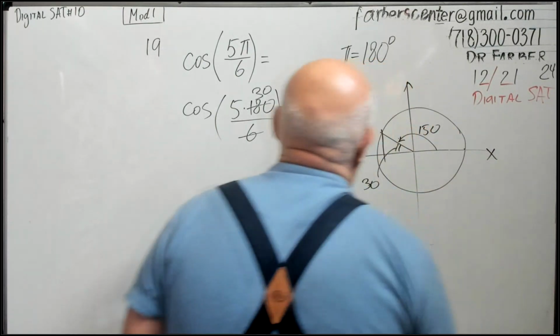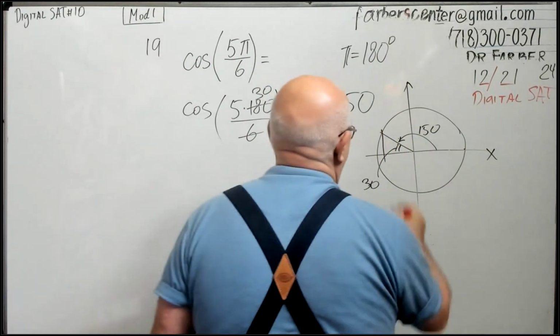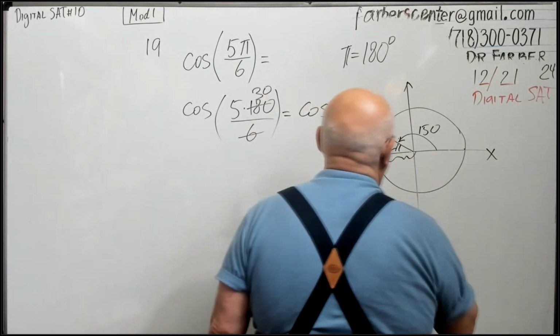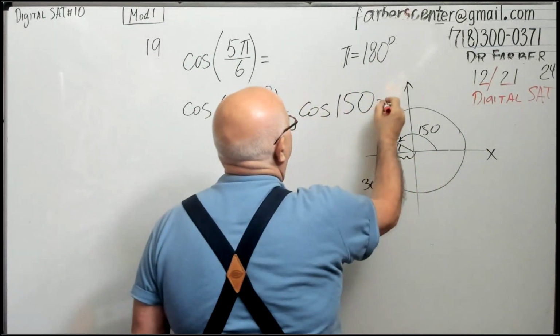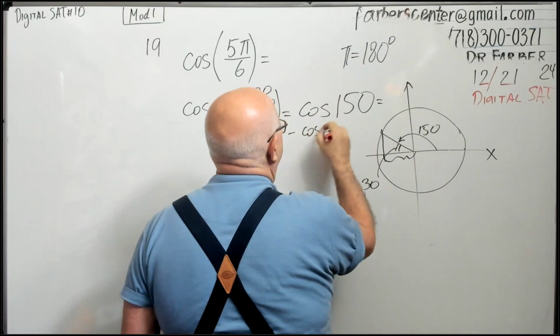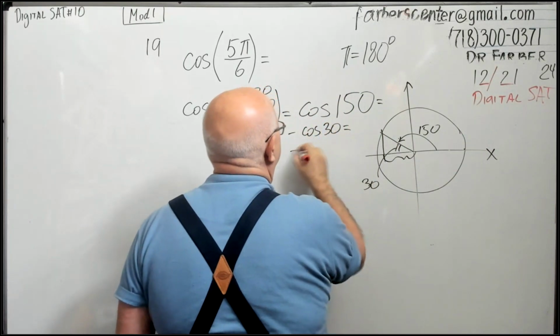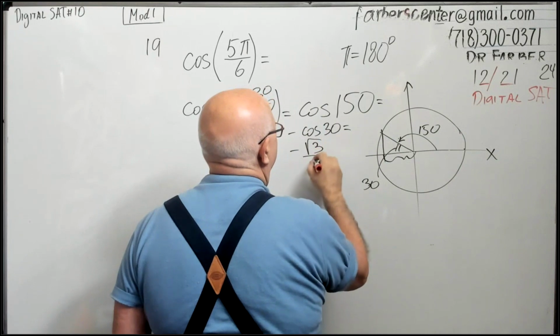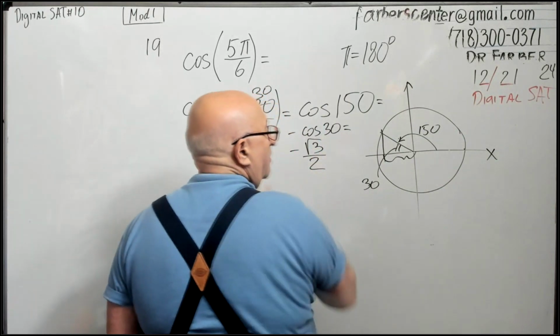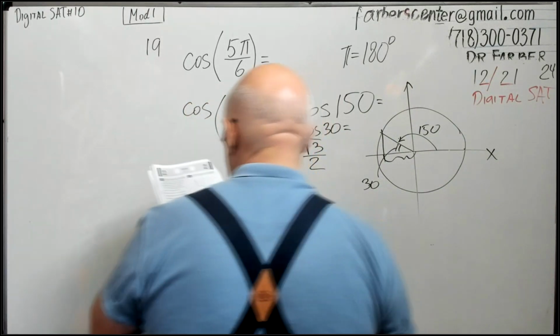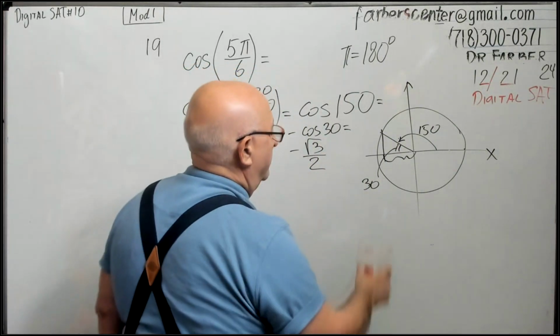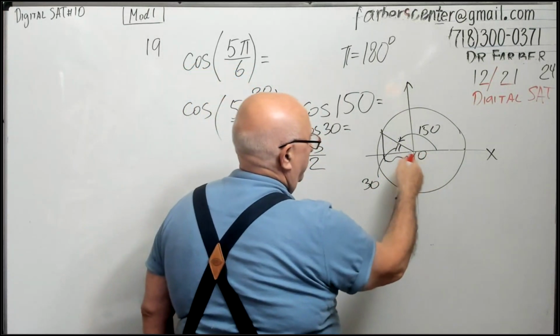And what is cosine of 30? Cosine of 150 is minus cosine of 30. It's negative square root of 3 over 2. And they give you multiple choice of this. Why negative? Because it goes to the left part of here, see.